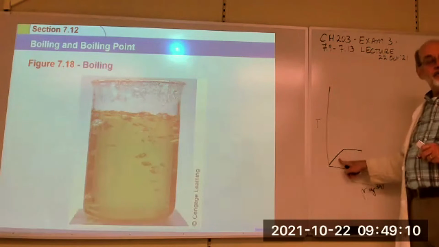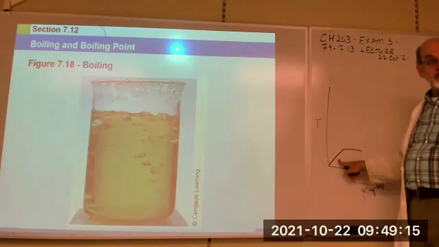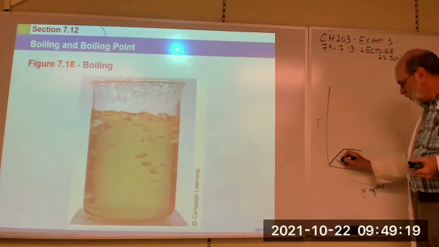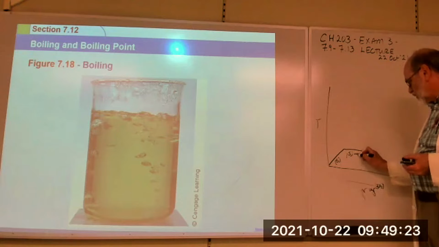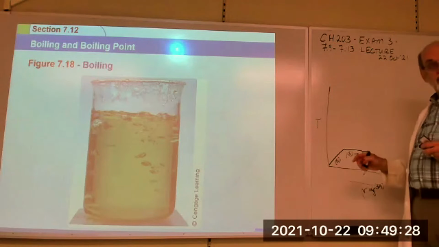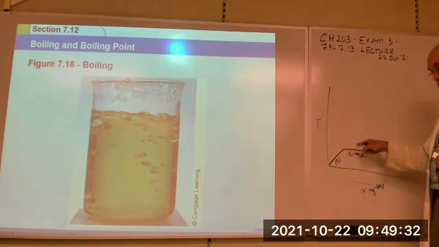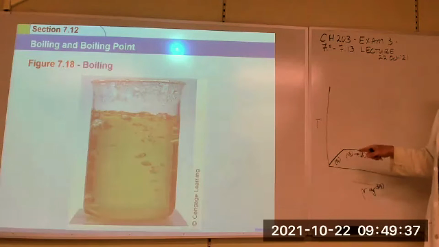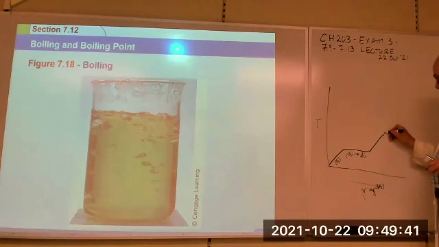Here, the energy that you're adding is used to make the particles move faster. When you get to this point, where you're going from solid to liquid, now all the energy is being shunted into phase change. And it'll stay at that temperature until all the solid's gone and you have nothing but liquid. Then the heat you're adding will make the temperature increase again.